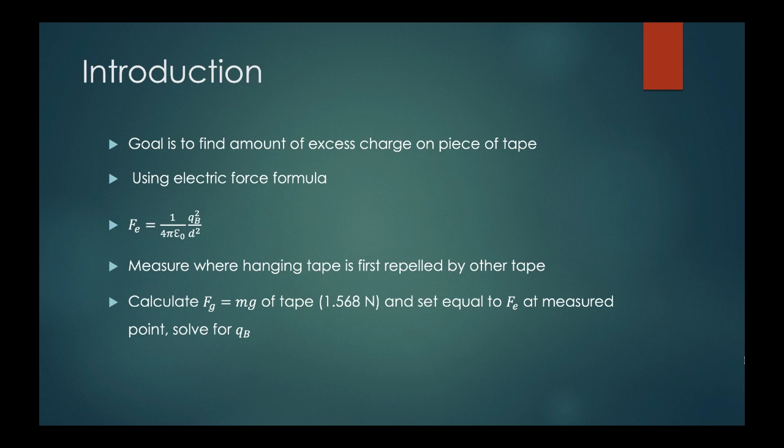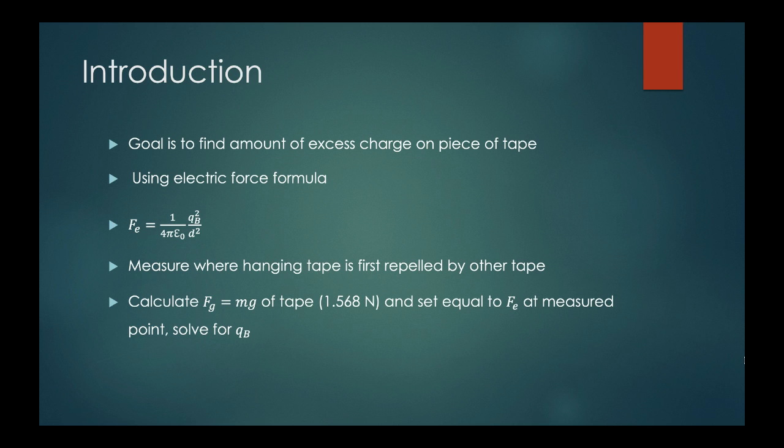We used it to find the force on a piece of tape, and thus the charge on a piece of tape. The formula is force equals 1 over 4 pi epsilon naught, charge squared over the distance between the two tapes.